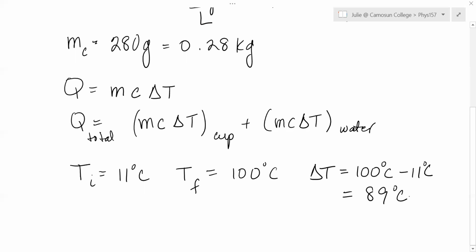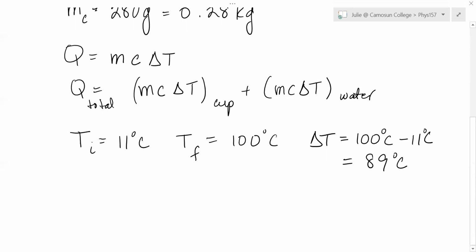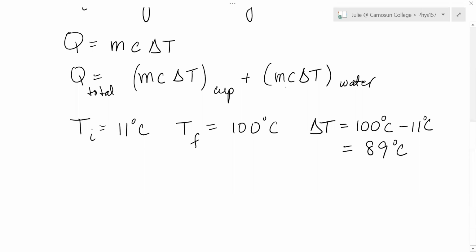Now you'd also have to know the specific heat capacity of the cup and the specific heat capacity of the water, which you would have to be given. And turns out specific heat capacity for water. Now beware of this number. You're going to see all kinds of different things depending on where the problem has come from. So you may see 4186 joules per kilogram degrees Celsius, which is what the solution that I'm going to use will use.